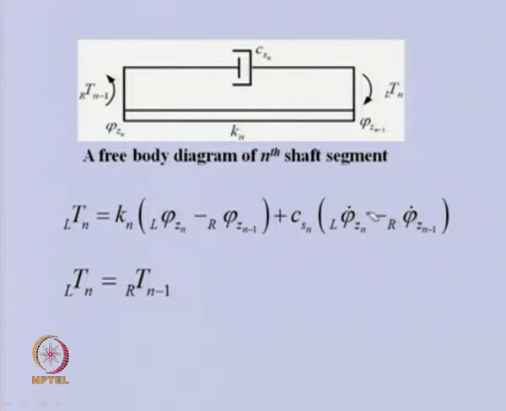So, earlier we had only this restoring force, but now we have the damping force also in the torque, and because we are considering no inertia of the shaft, either end torque will be equal.